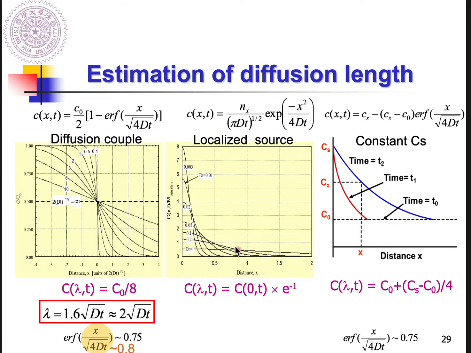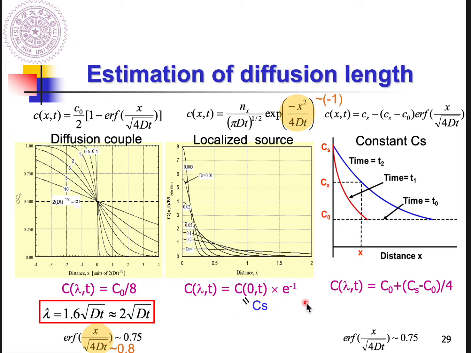And for the second case, if you use the square root of 4Dt here, then at this point the concentration will become what? This is CS, right? Before the diffusion, we know the CS. It is CS times e to the minus 1, because you take the square root of 4Dt here, so this becomes minus 1.